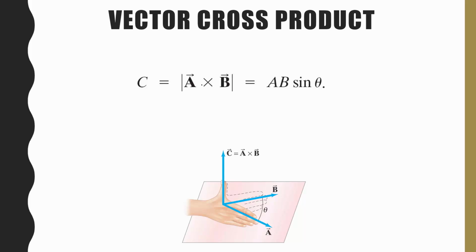The cross product of two vectors is always going to be perpendicular to vectors A and B. So if B were over here, you'd point your fingers at A, but you'd have to turn your hand upside down to curl your fingers toward vector B, and in that case your thumb would be pointing down instead of up, and you would get the opposite direction for the vector cross product.